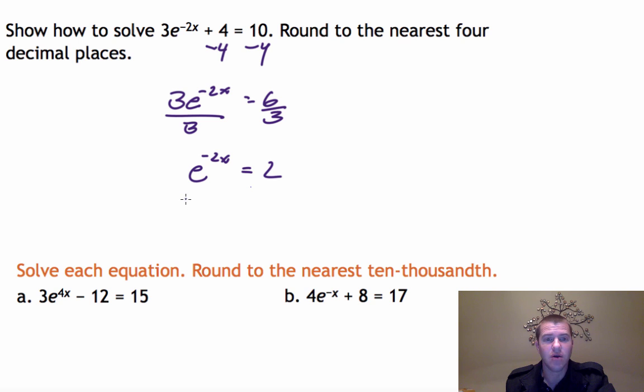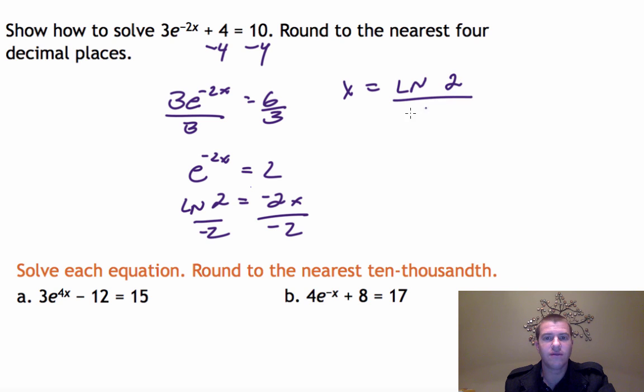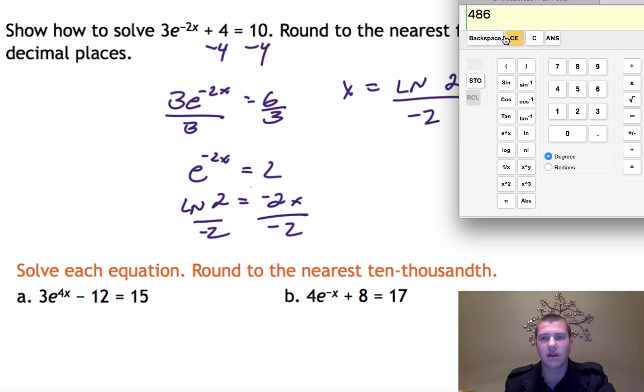Log base e, well, that's going to be ln of, go away, 2, come back, is equal to negative 2x, and divide by negative 2. So I have x is equal to ln of 2, all divided by negative 2. And when you're typing this in the calculator, the way you can do it in this calculator, you type ln of 2 in the parentheses and then divide by negative 2.